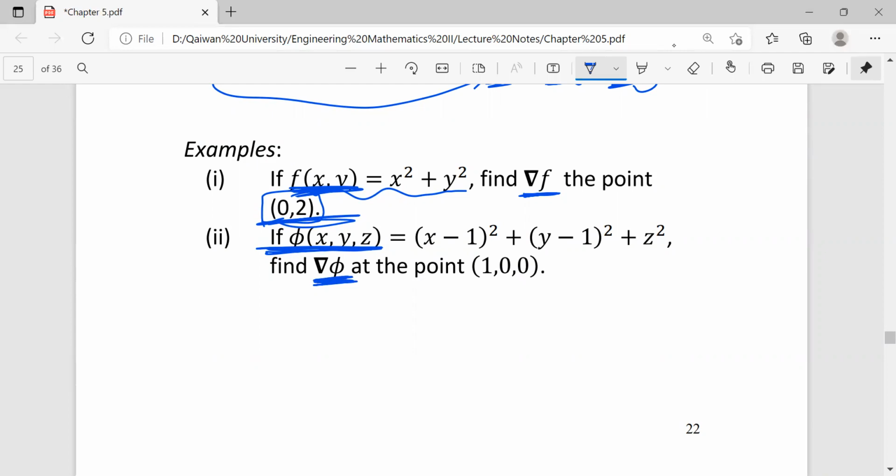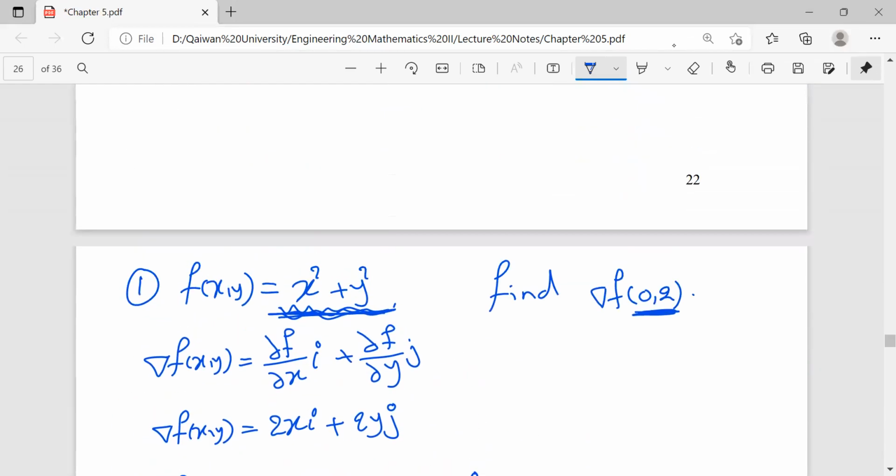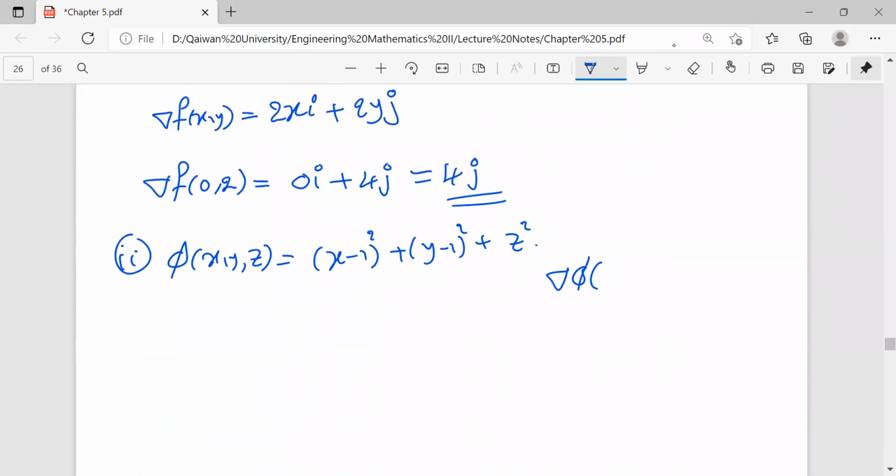That means we must find the gradient for this scalar field at this point, which means we must find grad phi of 1, 0, 0. So you first must find the gradient of the scalar field at x, y, z.